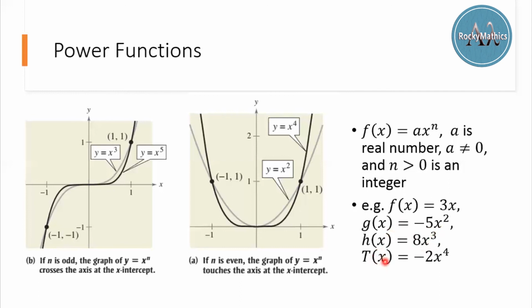How about t of x? t of x equals negative 2x raised to 4. Now, we expect that this graph looks like x squared, x raised to 4, x raised to 6, x raised to 8, as long as n is even, but it is opening downward since the leading coefficient is negative.